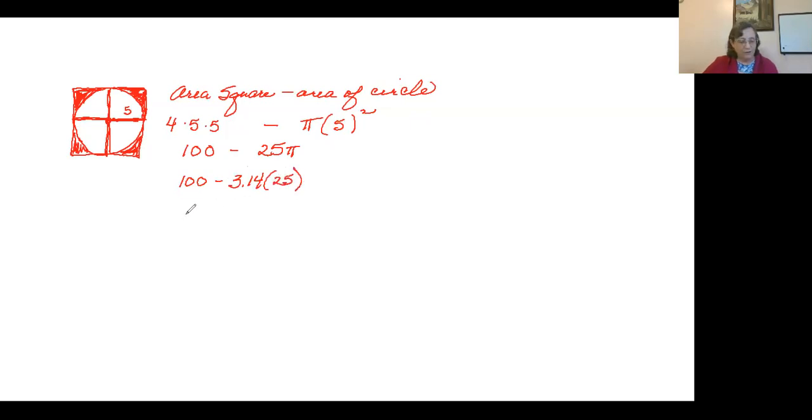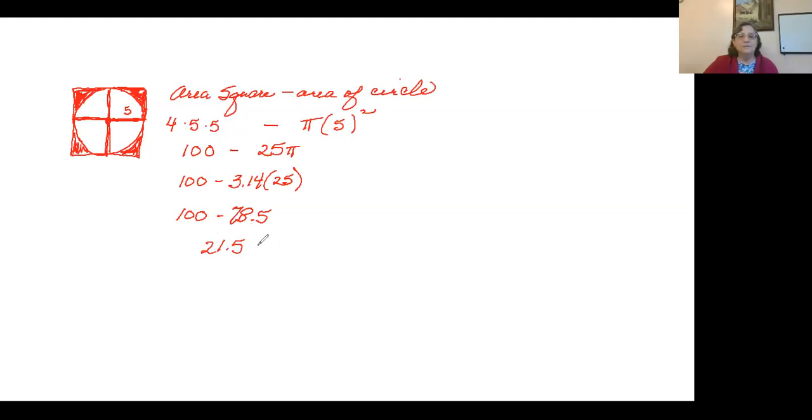I reversed the order here, so forgive me for that. This is going to be 100 minus 25 times 3.14. Got 78.5. And that subtracted from 100 is 21.5.